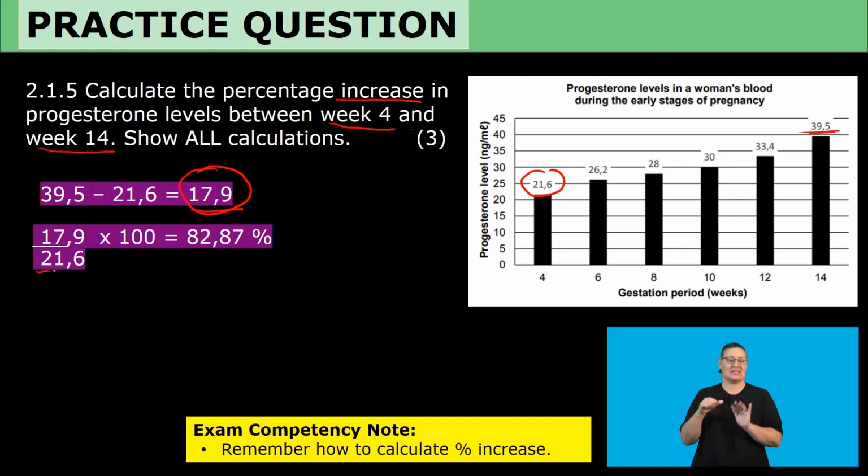We now divide it by 21.6, which is our initial, our old value, and multiply by 100, and our answer is going to be 82.87%. As much as we are free to do the conversions through the decimals and stuff, I would advise you to keep your answer as is, because learners lose marks by confusing the conversions sometimes.